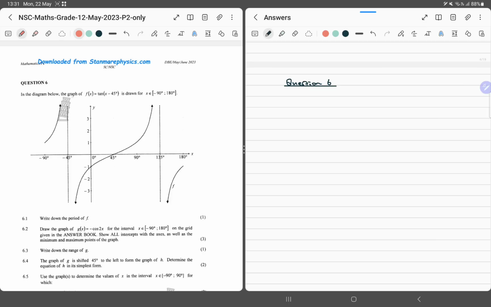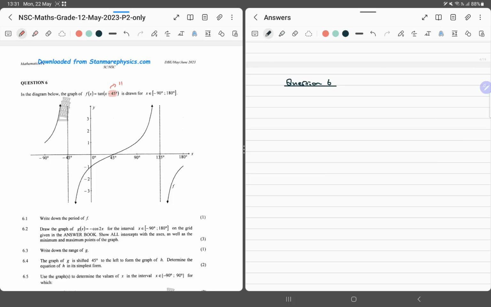Now, question 6 says, in the diagram, the graph of f of x equals tan of (x minus 45). So if we inspect this one, we will see that there is a minus 45. So what happened? This is a horizontal shift.